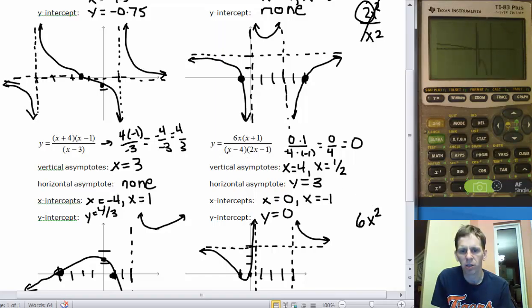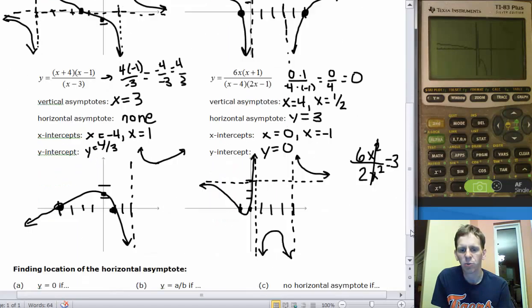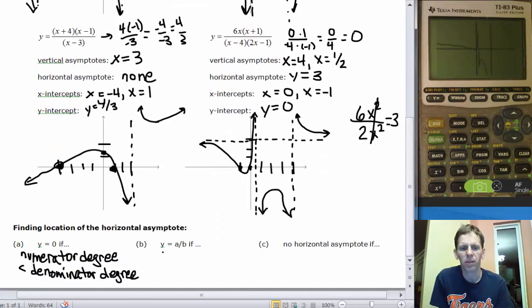On the bottom, if you were to multiply x times 2x, you would get 2x squared. Again, the x squareds cancel, and you have 6 over 2, which equals 3. That's where your horizontal asymptote comes from. So if the numerator degree is equal to the denominator degree, you take a divided by b, where a is the lead coefficient of the numerator and b is the lead coefficient of the denominator.